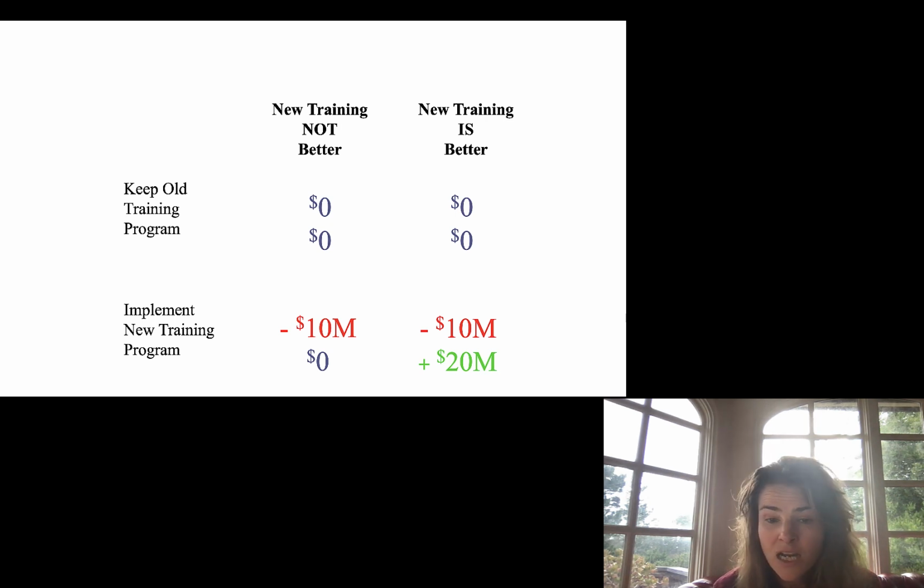If we implement the new training program, it costs us about $10 million. If it wasn't any better, that $10 million is just a loss. If it was really better, it means we gained $10 million. But in some ways, failing to gain $10 million isn't always as bad as losing $10 million. It's part of why we put the burden of proof on the new thing, typically, to prove that it's better.